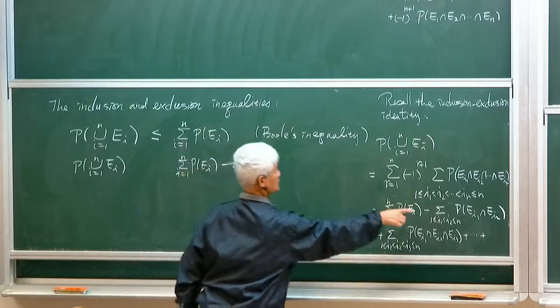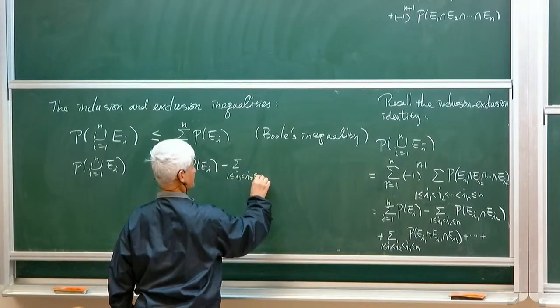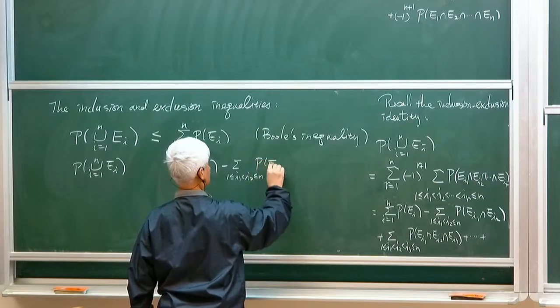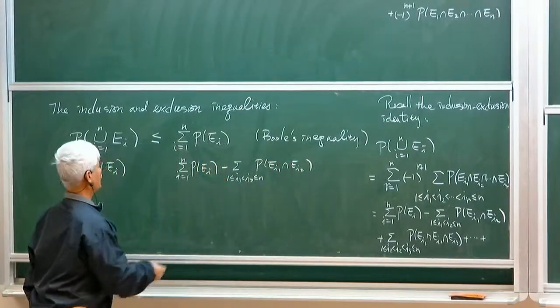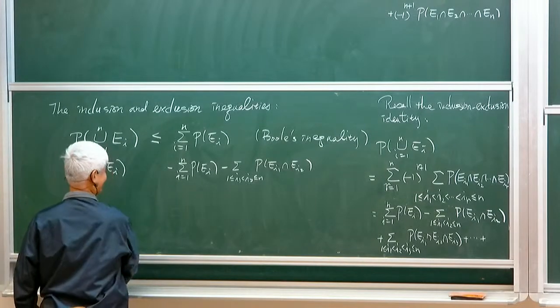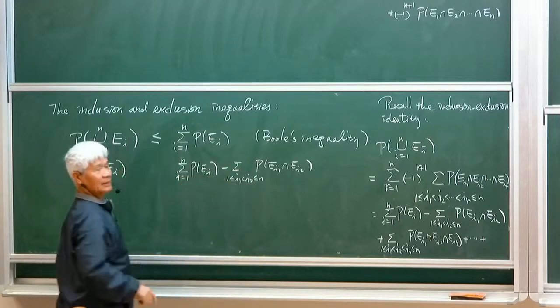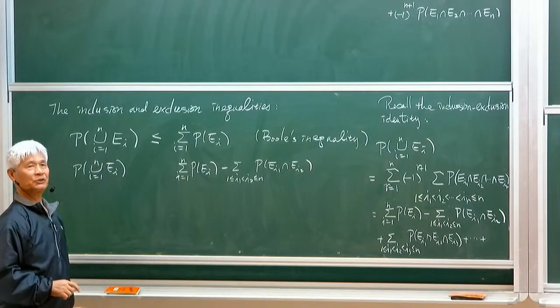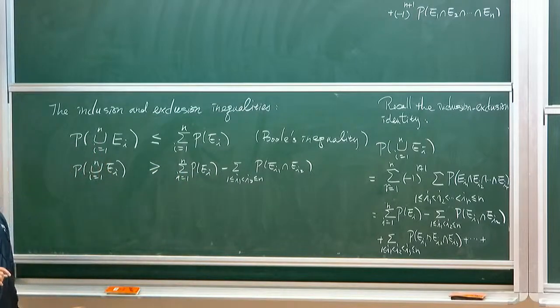So we will do the exclusion here. And it turns out that when we do the exclusion, we will subtract too much, so then this becomes a lower bound.